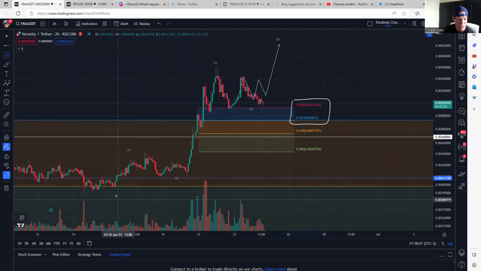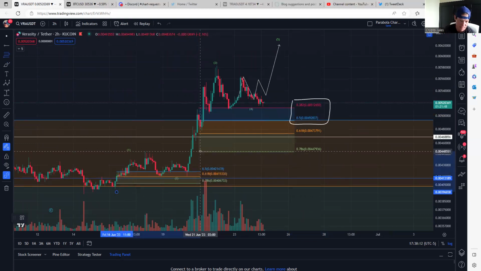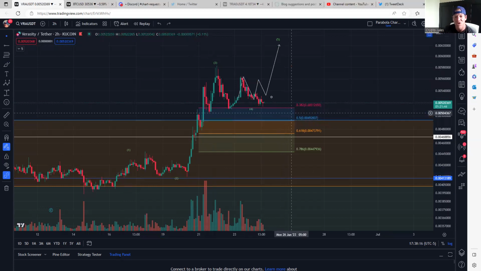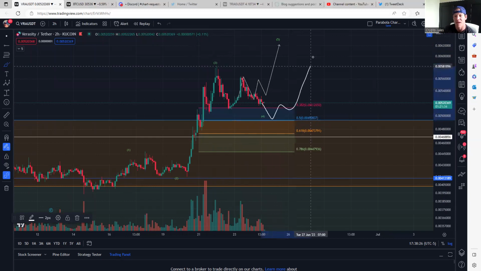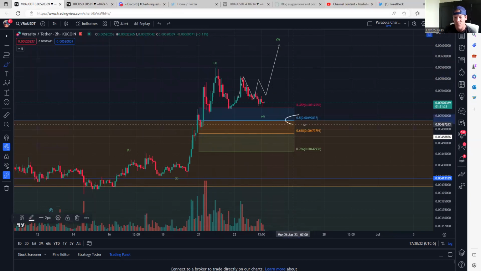The 2-wave here was a deep 2, so ideally you would want to see a shallower 4-wave. That's not a rule, that's a guideline, so it does not matter really if we do end up coming down to this 50% level and then impulsing up from there. But ultimately, I would prefer not to see this 50% level fail.